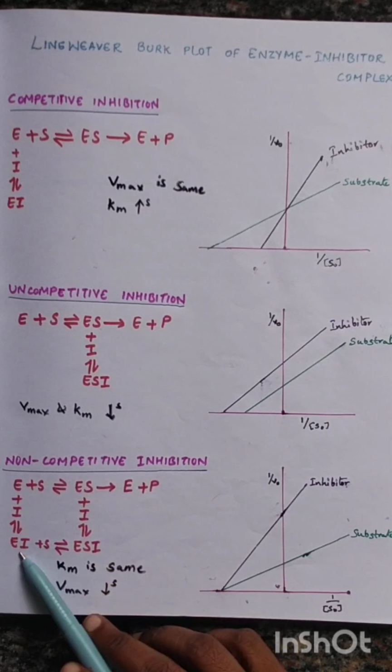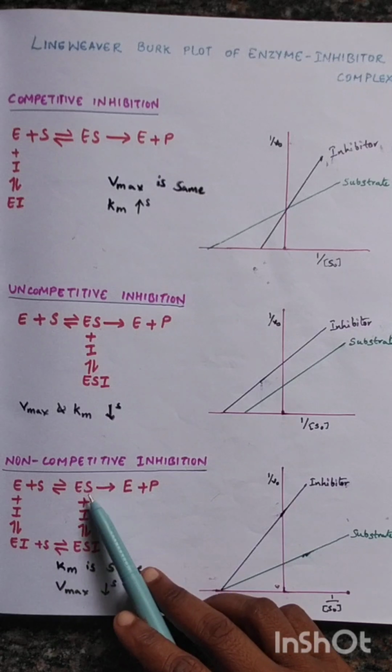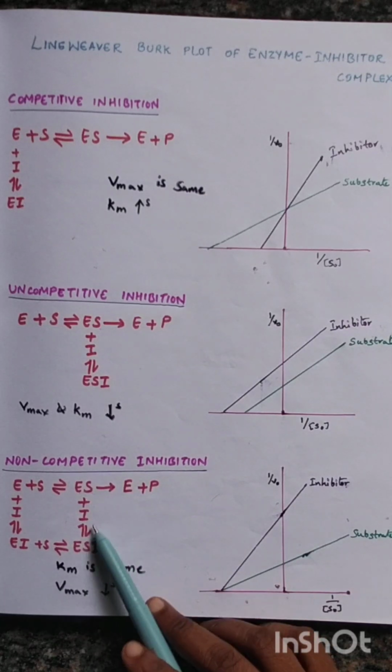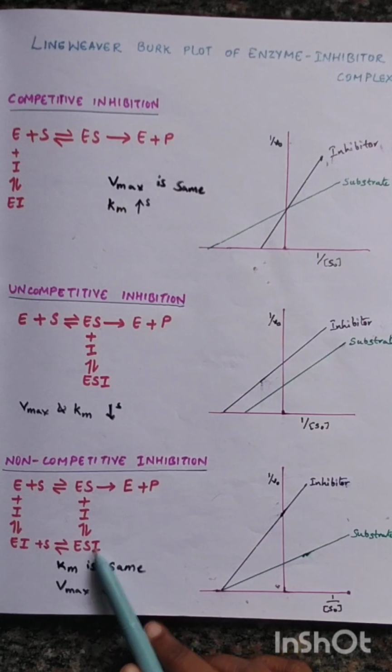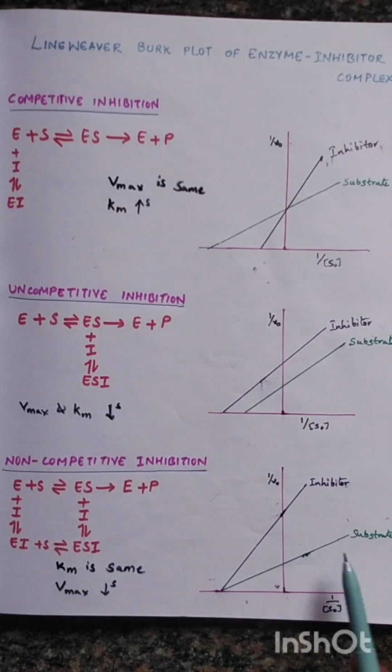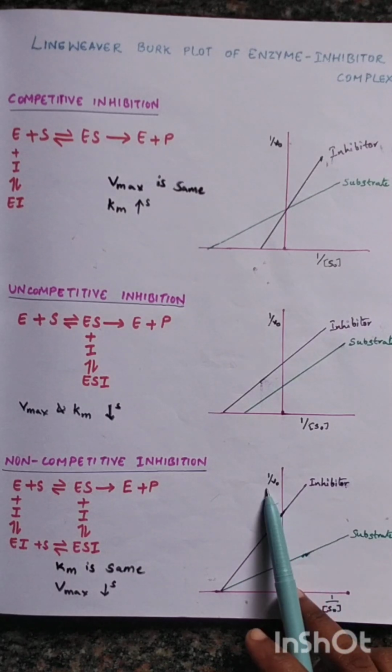Enzyme plus inhibitor gives enzyme inhibitor plus substrate, or otherwise the enzyme substrate complex bound with inhibitor gives the enzyme substrate inhibitor complex. Here the Km is the same for both inhibitor and substrate, but Vmax decreases for the substrate when a Lineweaver-Burk plot is plotted against substrate and velocity.